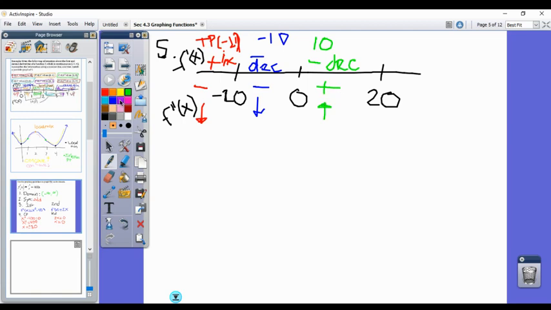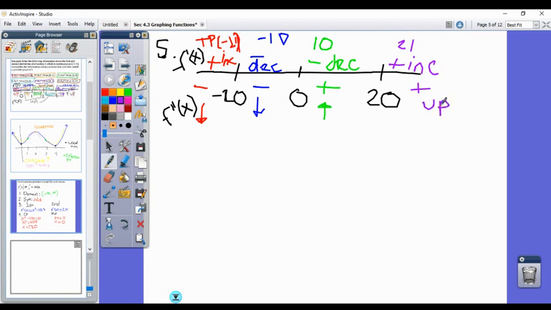And last set, I'm going to pick 21. And 21 is going to give me a positive, so now I'm increasing. And 21 plugged into my second derivative is going to give me a positive, so I'm still concave up. Okay.